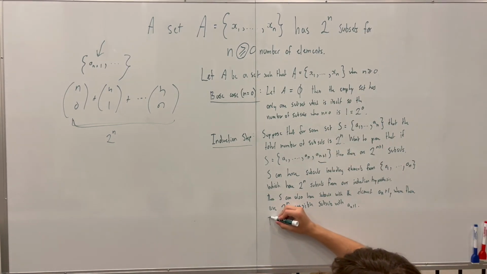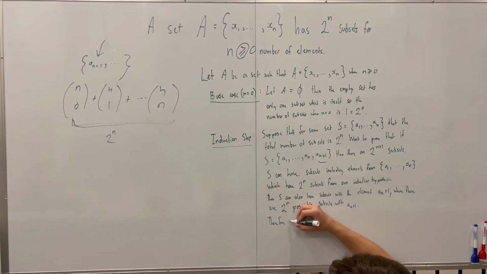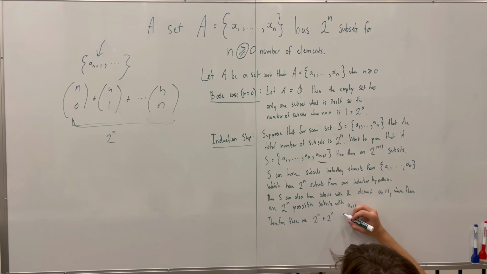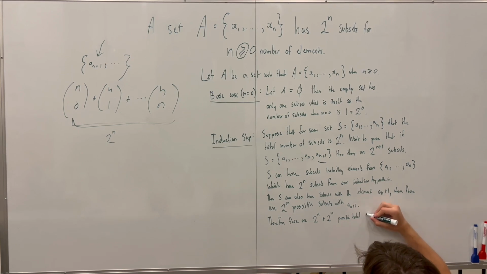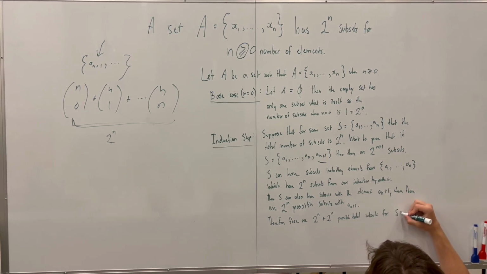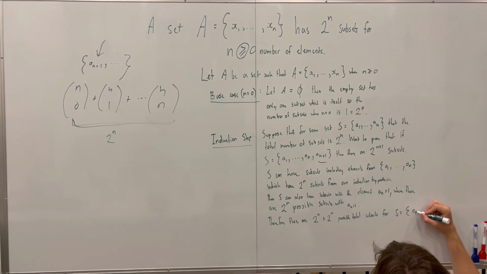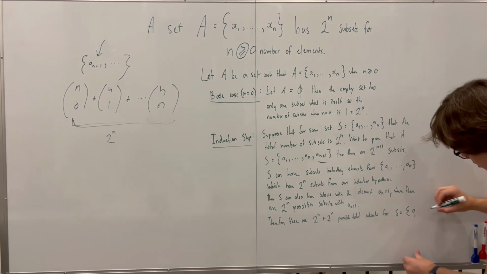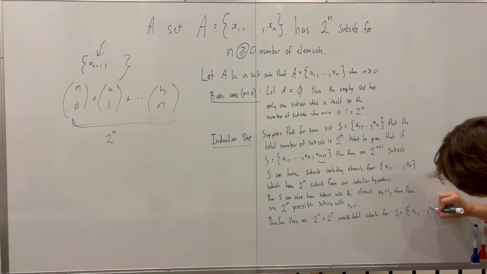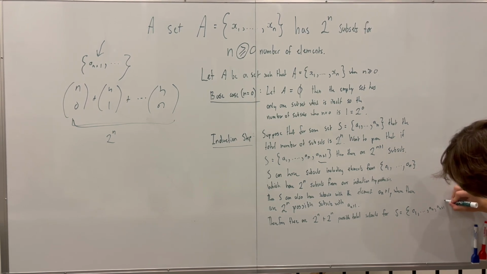Then we can say, therefore, there are 2 to the power of n plus 2 to the power of n possible total subsets for S equal to A1, dot, dot, dot, AN, AN plus 1.